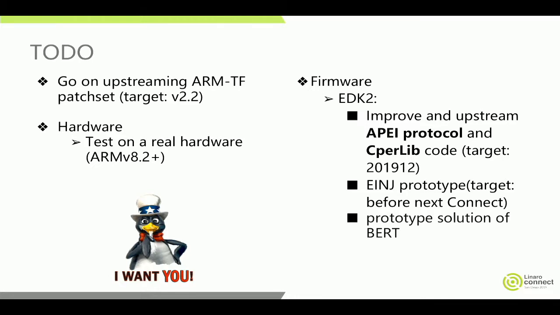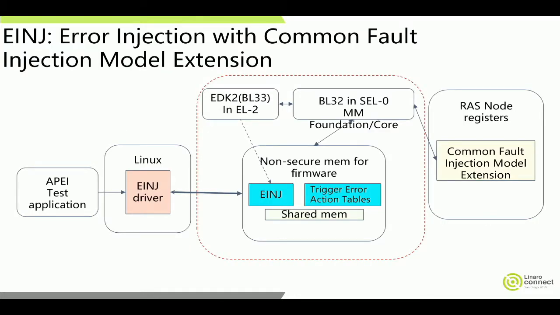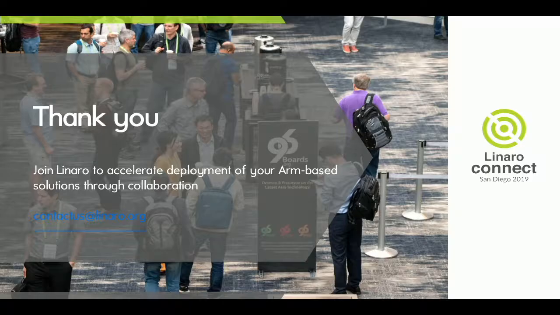And if we still have time, we will try to prototype the solution of BAT. So that's some sort of EINJ mechanism, and we haven't really tried it out. We haven't really written any source code yet. So it's just a thought I'd like to share with you.